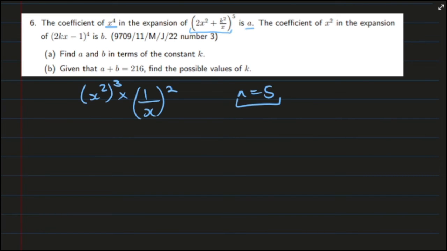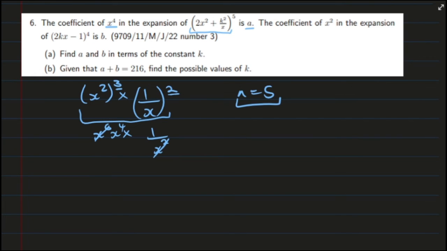This first part will become x to the power 6 and this would become 1 over x squared, and if you simplify, this would cancel out and this would become x to the power 4. So remember, these two powers add up to 5, and when we simplify this expression we end up with a term in x to the 4.